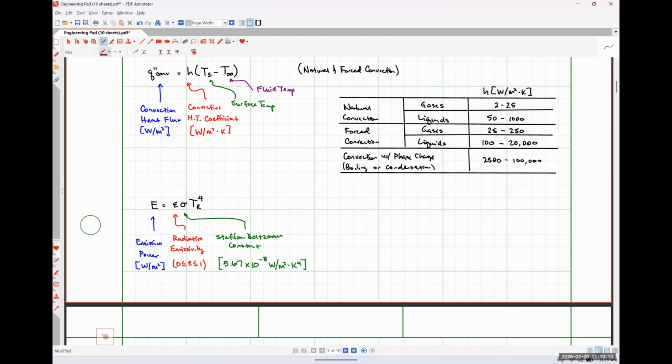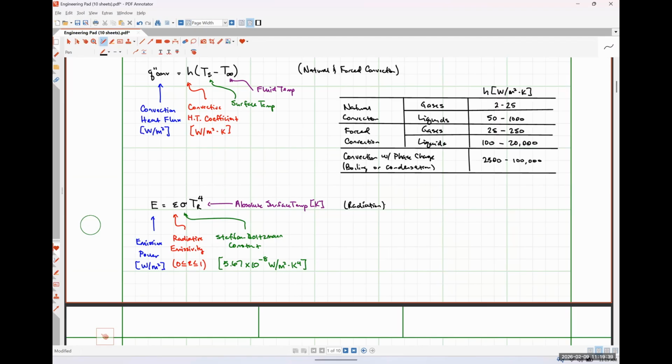And then lastly, we have TR, where this is our absolute surface temperature measured in Kelvin. And this equation, again, governs radiation.